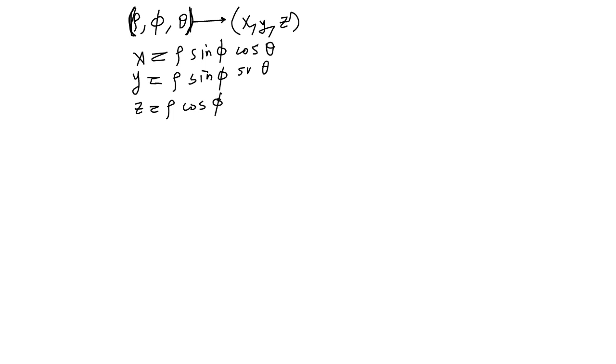You can do this. Now, what about the opposite? If you have x, y, z and you want to find rho, in this case rho is radical x squared plus y squared plus z squared. So it represents the radius of the sphere.